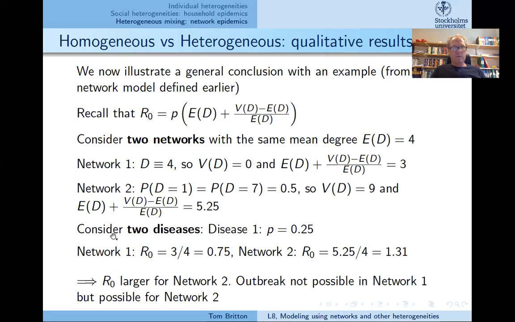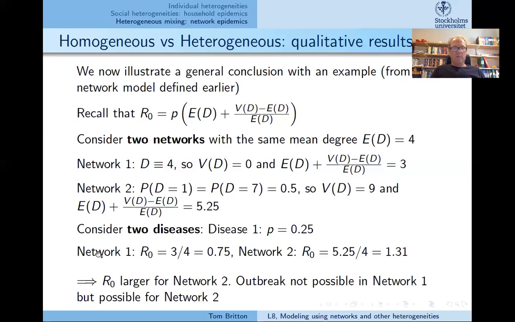And now we consider two different diseases. One has transmission probability 0.25. For network 1, this implies that R0 is equal to 0.75, because here we have 0.25 and this thing had the value 3. So R0 is 3 divided by 4, which is 0.75, whereas for network 2, R0 is equal to 1.31.